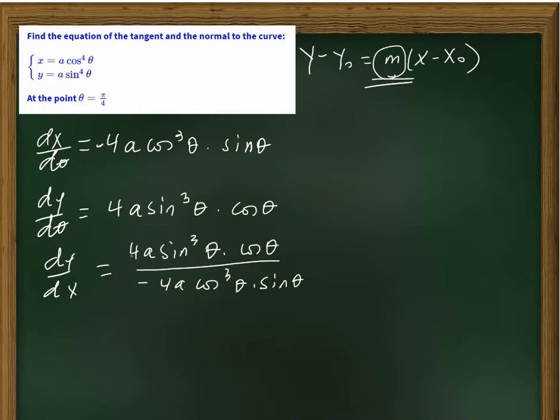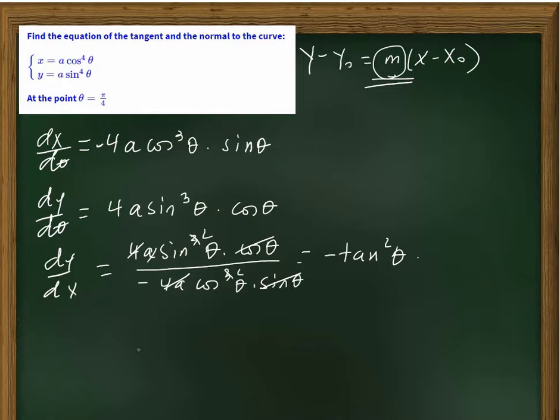So we can simplify. Sine theta and cosine theta drop to 2, so this is equal to negative tangent squared theta. That is the answer here.